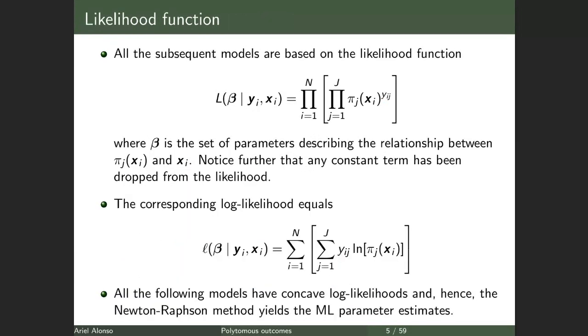Okay, so once you have a distribution, you can construct a likelihood, and the likelihood is the probability of observing the data. You can show very easily that this is the likelihood associated with the model we saw before.